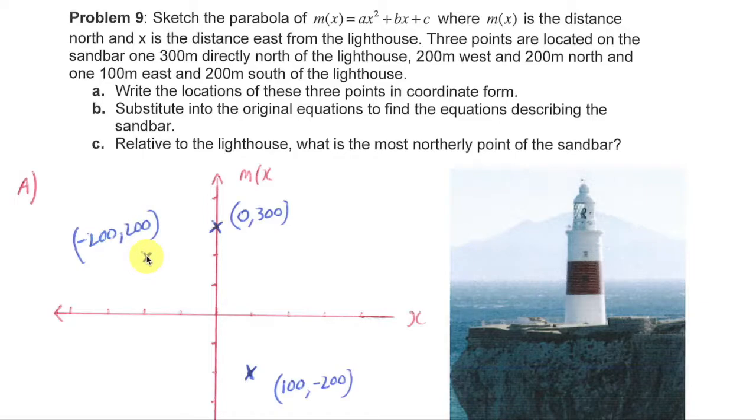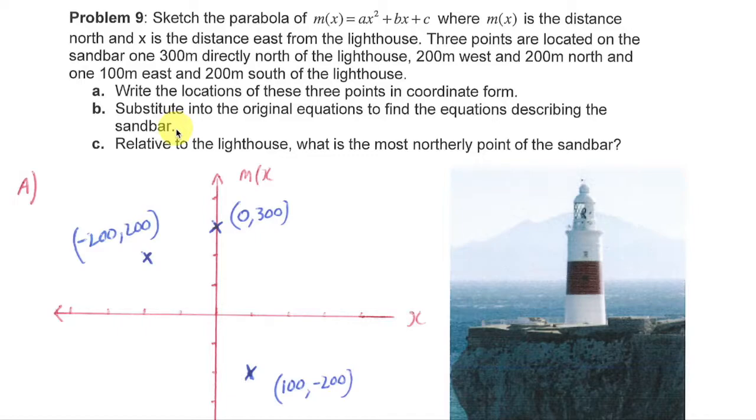And we have one which is 100 meters east and 200 meters south, so 100 and then 200 down. So notice how I've described that as 100, -200, 0, 300, -200, 200. So that's writing those locations as coordinates.